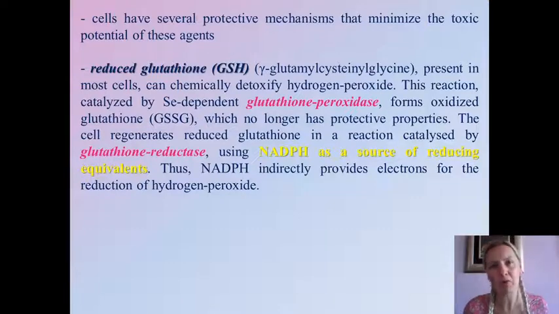If you remember, we mentioned this molecule as one of the biologically important peptide molecules. It's found in most cells, with especially high concentrations of GSH in the liver, because most of the detox processes occur in the liver. So this molecule is capable of chemically detoxifying hydrogen peroxide.